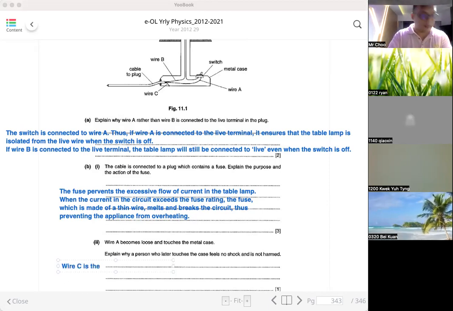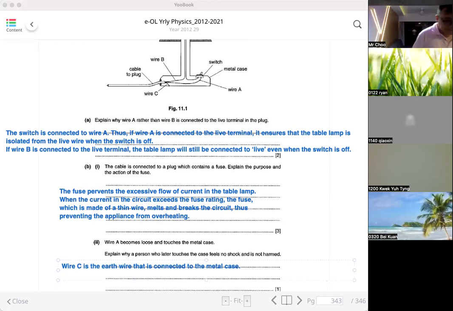Most of you can tell me wire C is the earth wire that is connected to the metal case. But how does this protect users from getting an electric shock? Are you able to explain to me why?